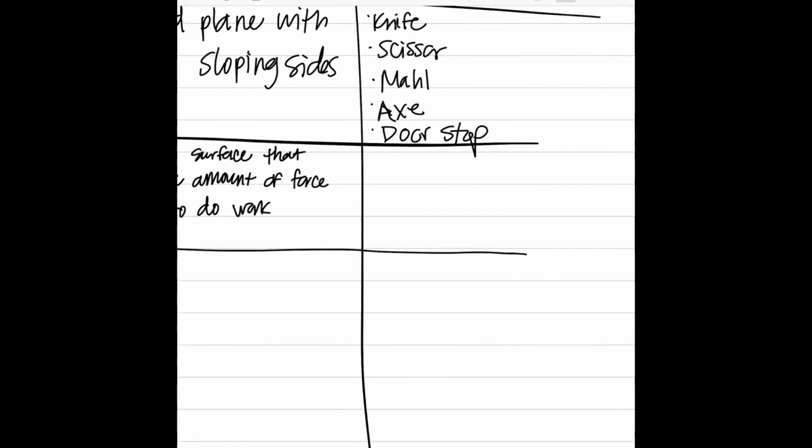So this is going to be any kind of ramp or wheelchair ramp. Another example would be a loading dock or the ramp on a U-Haul truck.